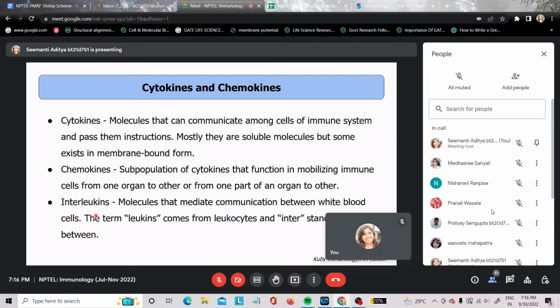The term leukins comes from the word leukocytes, that means white blood cells, or WBCs, and the term inter stands for in between. So the communication in between the different leukocytes is mediated by interleukins. So that is about cytokines, chemokines, and interleukins.